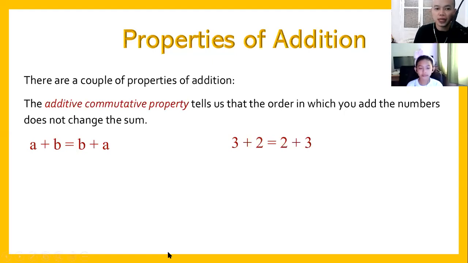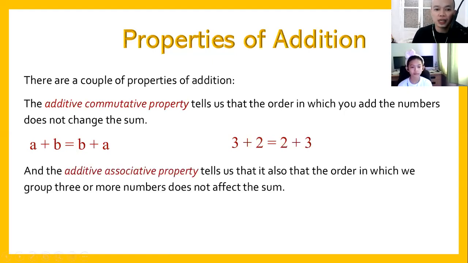So next property is the additive associative property. This tells us that the way we group the numbers, and when we group numbers we use parentheses, all right? If we group three or more numbers, it also does not affect the sum. For example, you group them one way, and you group them another way on this side, and it will yield the same results.